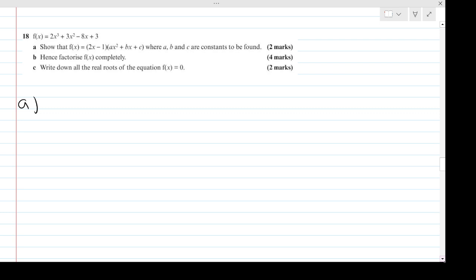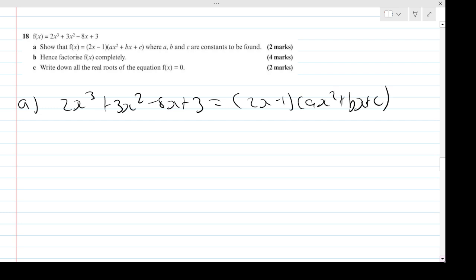Well, this is saying that if we substitute f of x in here, 2x cubed plus 3x squared minus 8x plus 3, it's 2x minus 1 of ax squared plus bx plus c. Now you could perhaps expand the brackets, right, and then you could perhaps compare coefficients. But actually instead, if I just want to find this factor alone, I can just divide both parts by 2x minus 1.